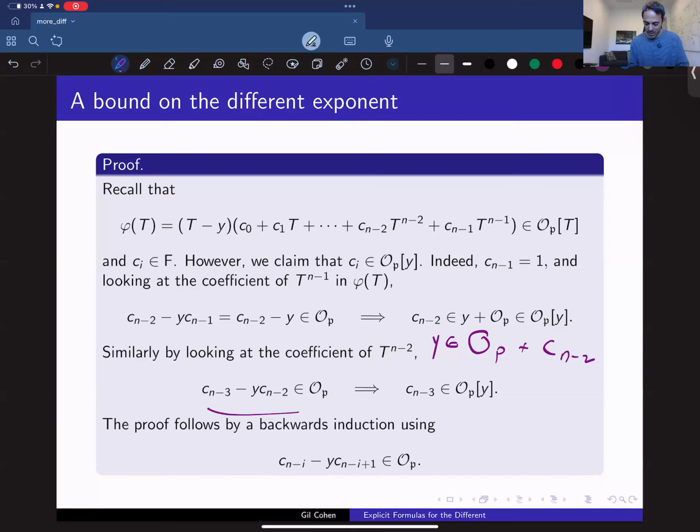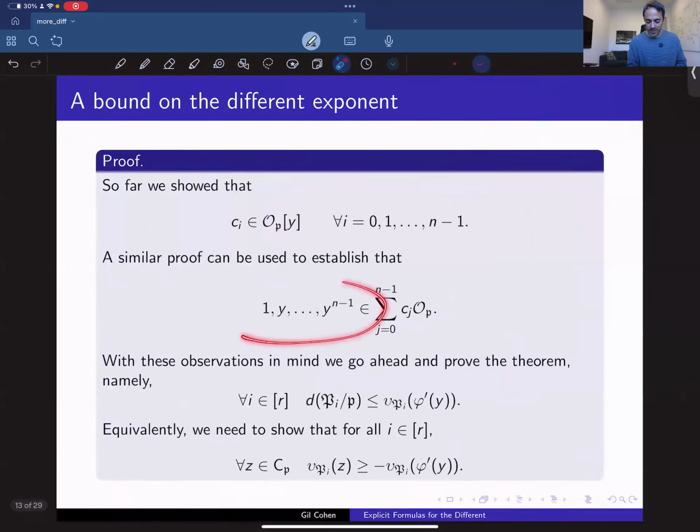And then from here you'll focus on the y, and you'll do the same backward induction, and you'll see that the yi's are actually linear combinations of OP with coefficients coming from Cj, or linear combinations of Cj with coefficients coming from OP. That's the better way of thinking about it.